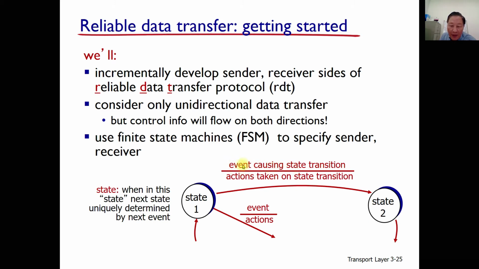If that event happens, then the state changes like that, and during the change, some actions will be taken. So above the line is about the event, and below the line is about actions. That is the finite state machine notation.